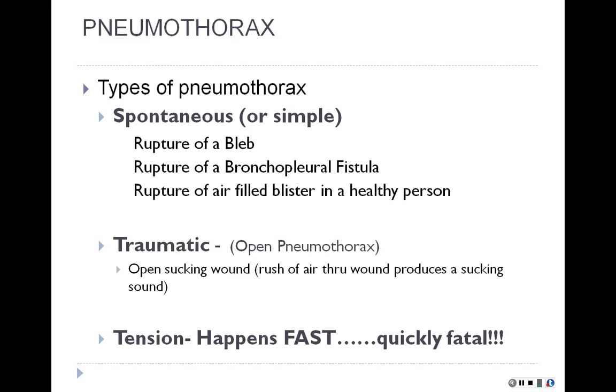Let's see. We're also looking for other things going on with these patients. If they've had blunt trauma, they may have some other rib fractures. They may have had abdominal trauma, with stab wounds or gunshot wounds, or a steering wheel can get your chest and your abdomen as well. Any invasive thoracic procedures done to the patient can cause some of these things as well.